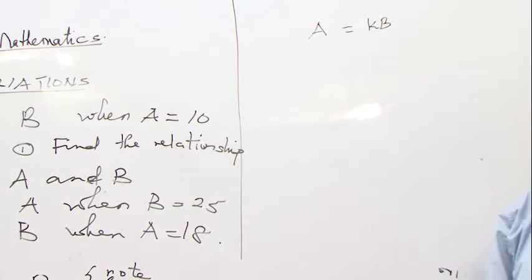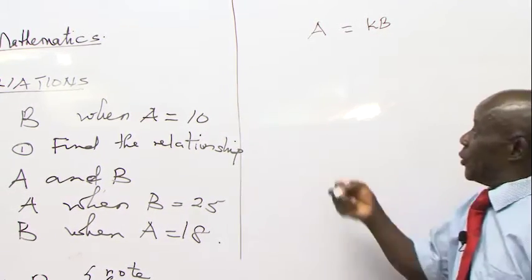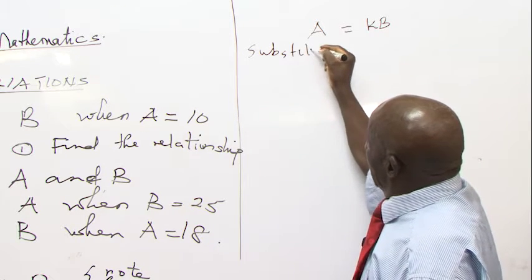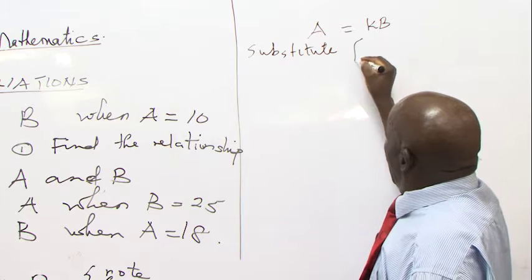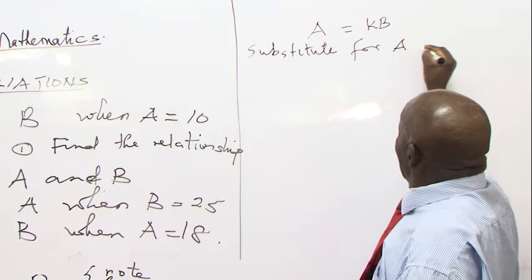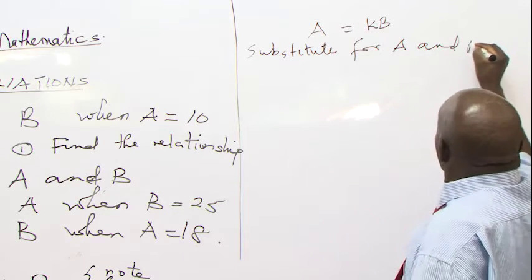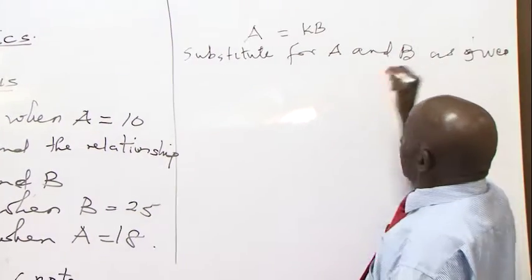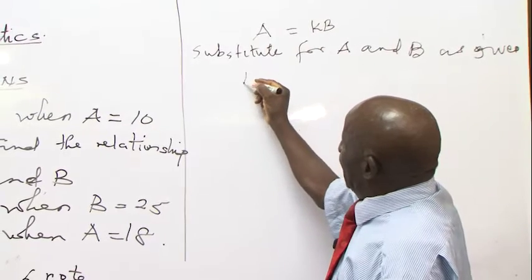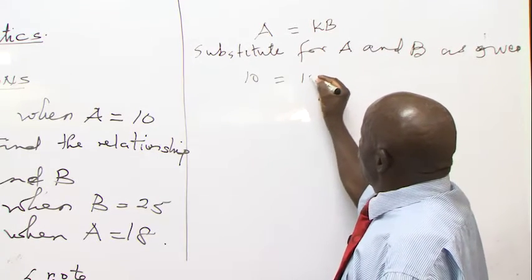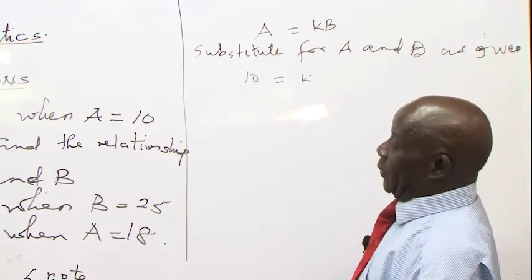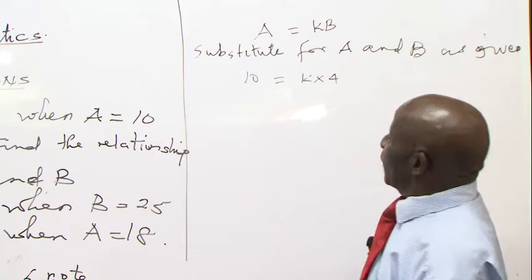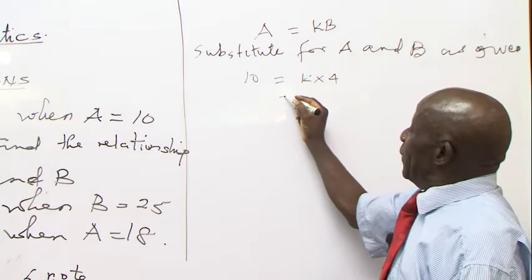KB is K times B. Substitute for A and B as given. When A is 10, K is unknown, B is 4. This is the same thing as 4K.